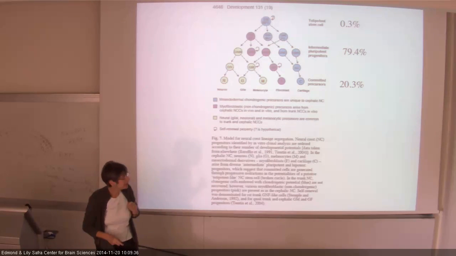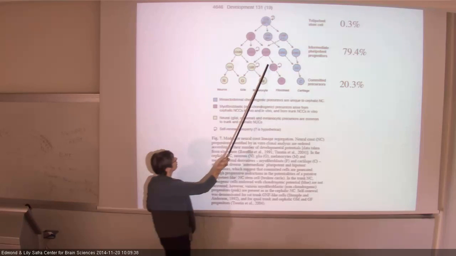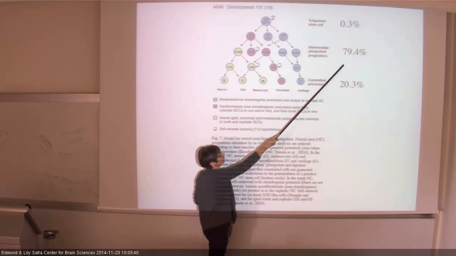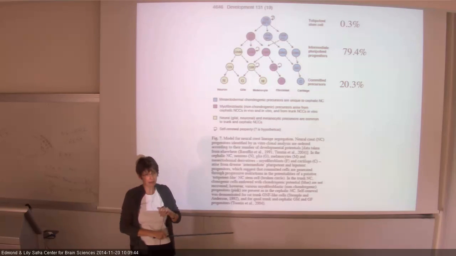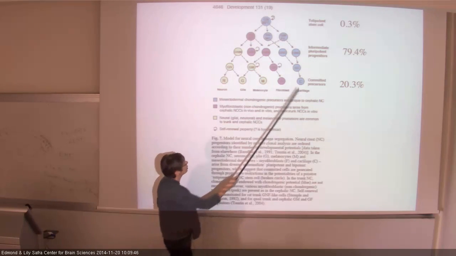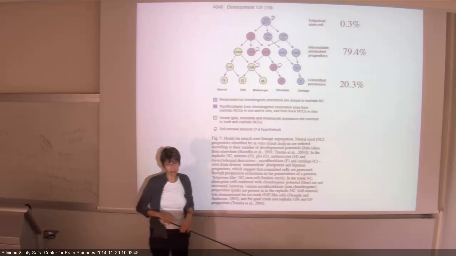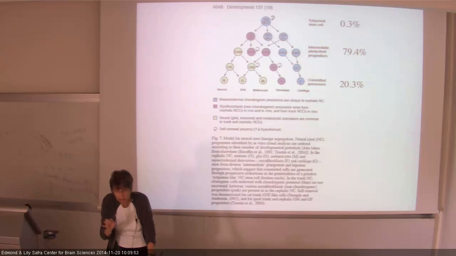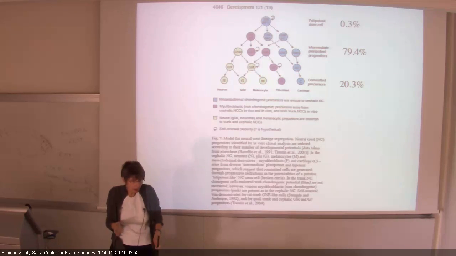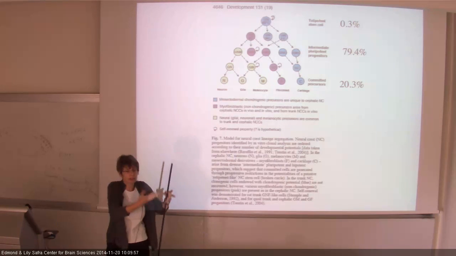And this would mean that part of the neural crest, most of it, at least in vitro, under the best conditions you can give a cell, would be intermediate progenitors, namely cells which have restricted their developmental potential to a certain extent and are able to generate only 2 out of the 5 possibilities.